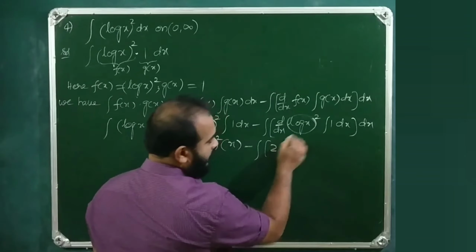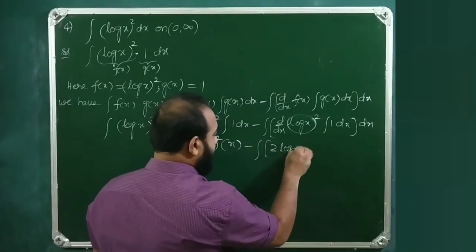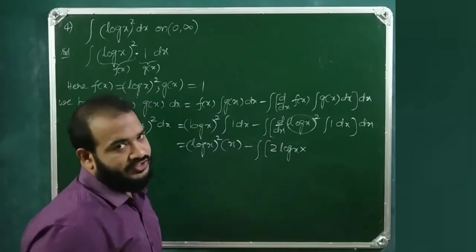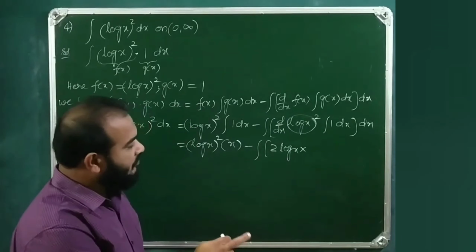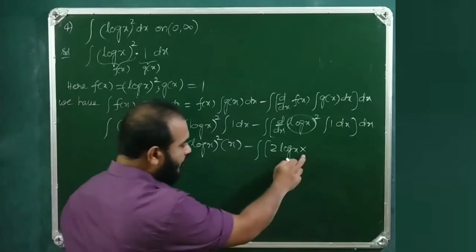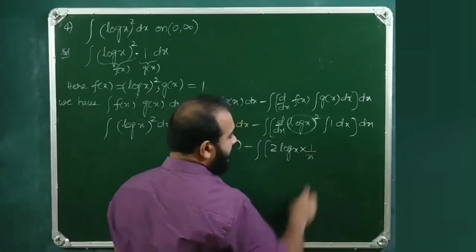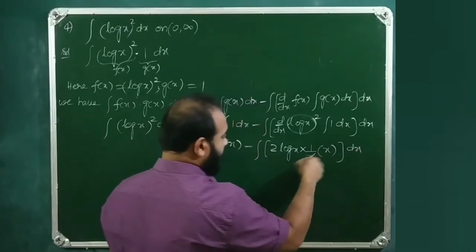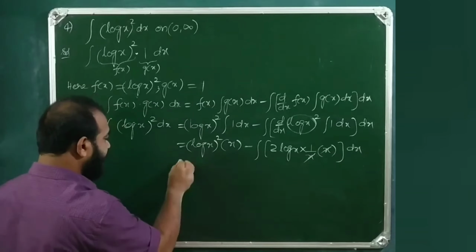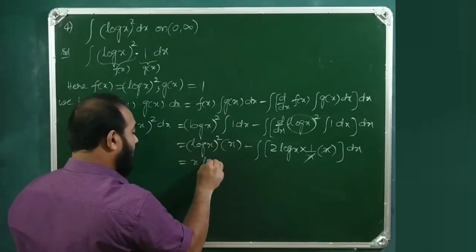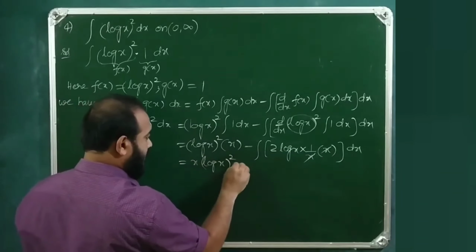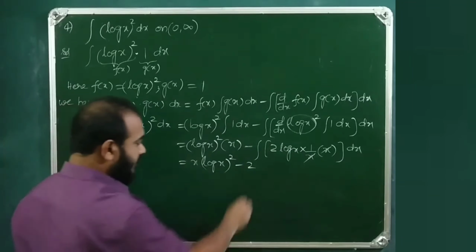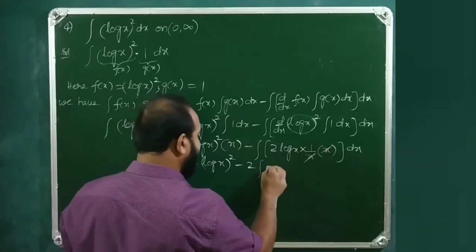So 2 into x value is log x into, since log x we have treated to be x, we need to differentiate that thing which we have taken as x, into d by dx of log x, which is 1 by x. Integral 1 dx is x, whole dx. So x gets cancelled. This is x log x whole square minus 2, separate it from the process of integration, integral log x dx.